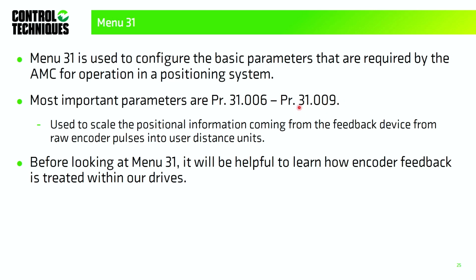These parameters are going to be used to scale the raw encoder pulses coming from your motor encoder into user distance units, which we call UUs, which is not a very glamorous name, but that's how they refer to them, user units. So before we go there, though, you should probably understand how encoders work with our drives.